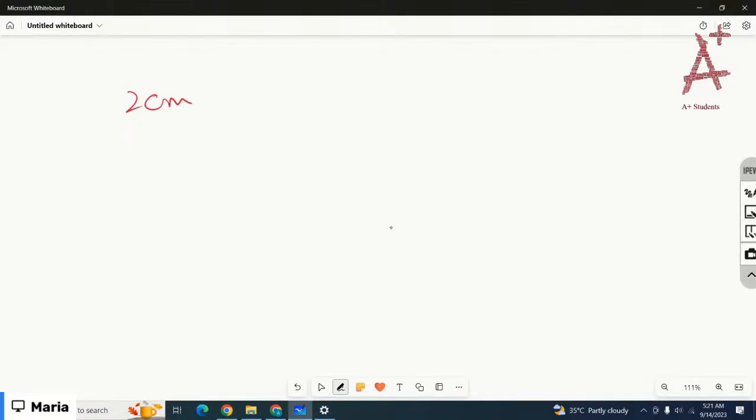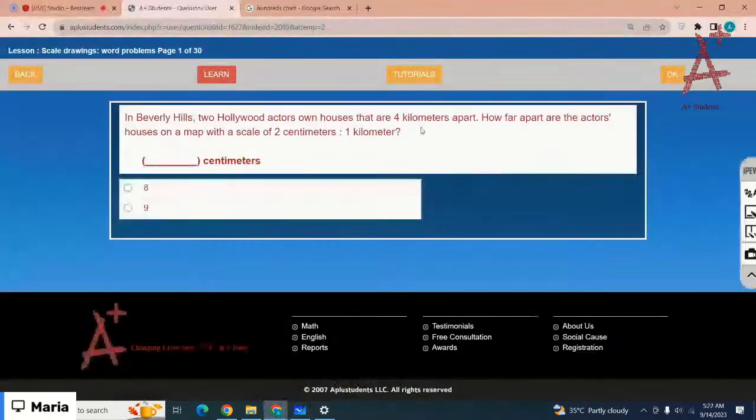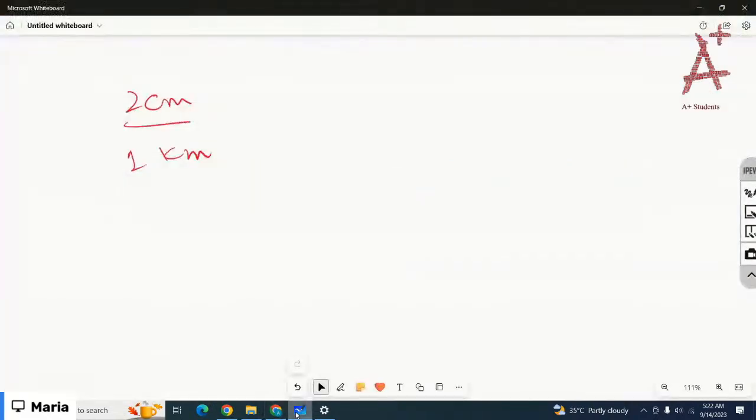The original value is 4 kilometer, right? Here you have 4 kilometer. You have to calculate this value.